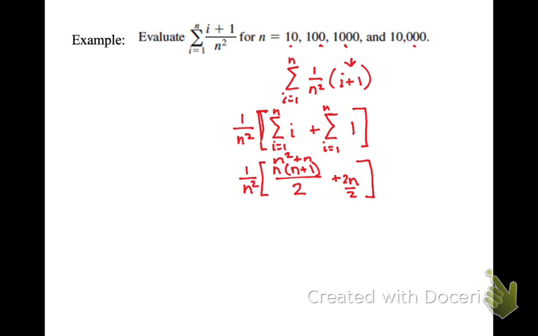Oh, I forgot my squared on my outside. So I have 1 over n squared times what? n squared plus n plus 2n is n squared plus 3n all over 2.